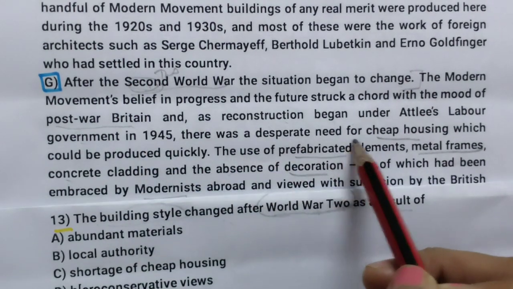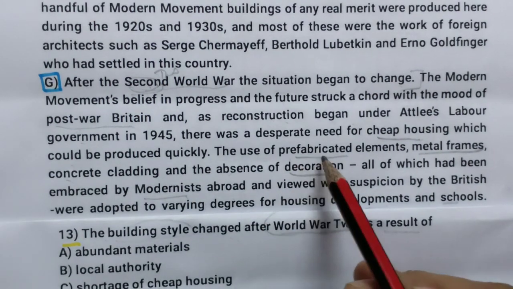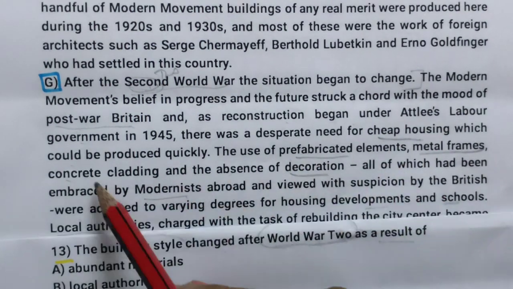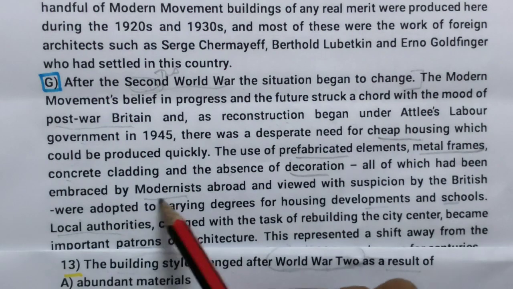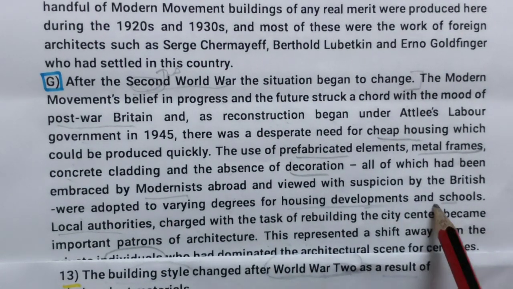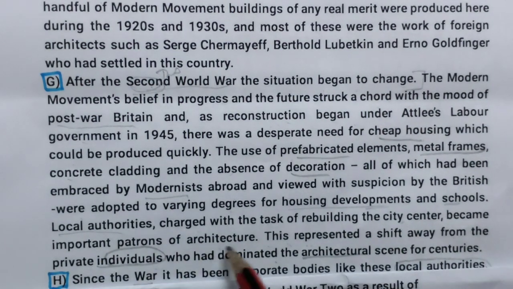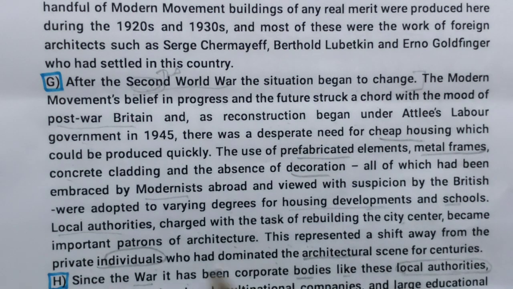There was a desperate need for cheap housing which could be produced quickly. The use of prefabricated elements and metal frames, decoration, all of which had been embraced, were adopted to varying degrees for housing development and schools. So rebuilding the city centers, local authorities became important patrons, represented a shift.